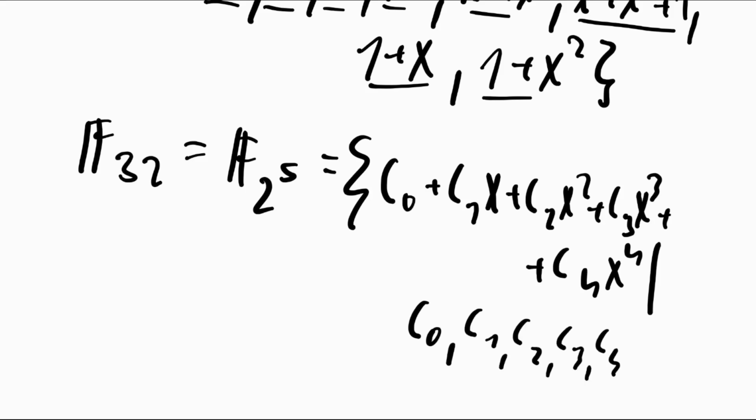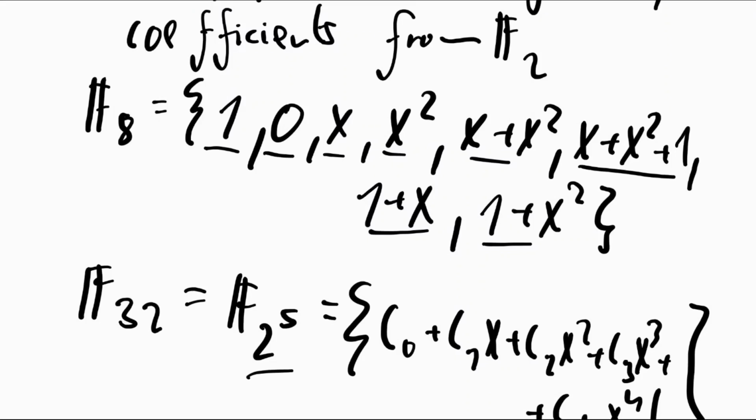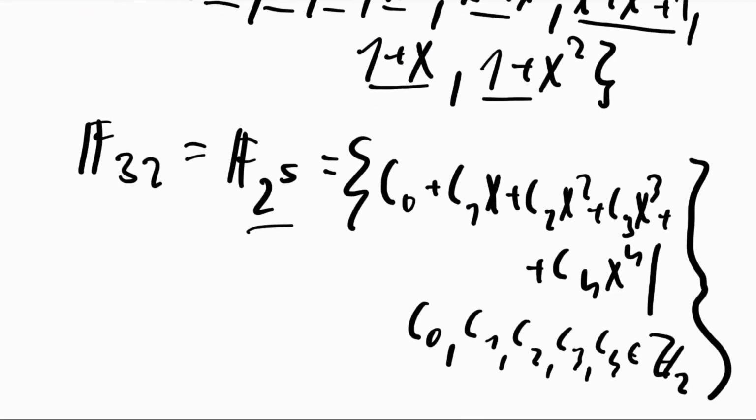These are the elements, and of course, again, the coefficients c0, c1, c2, c3, c4 belong to, again, a field of the same order as was the base number inside the prime power. So when the order is a power of a prime, the base in that exponent form is the order of the field from which we take the coefficients.